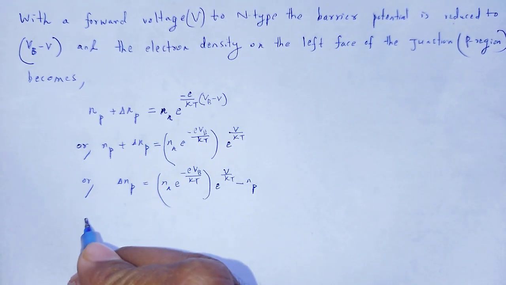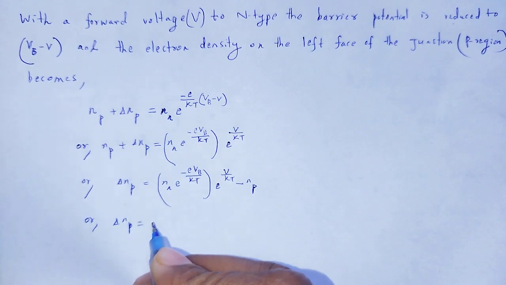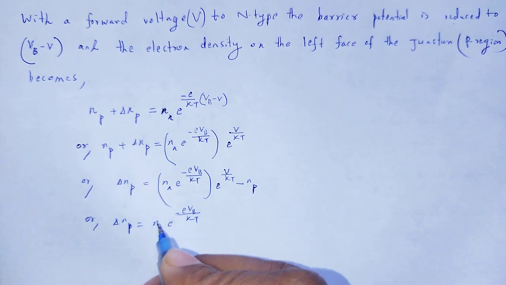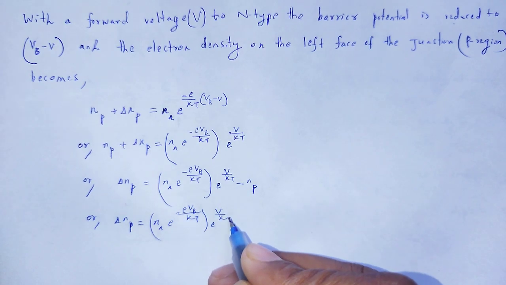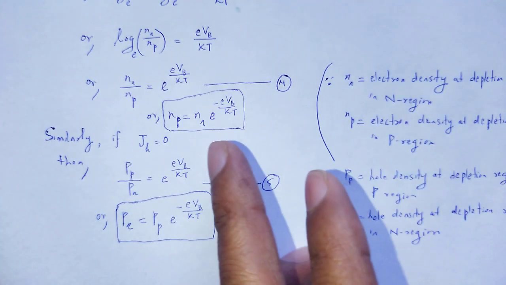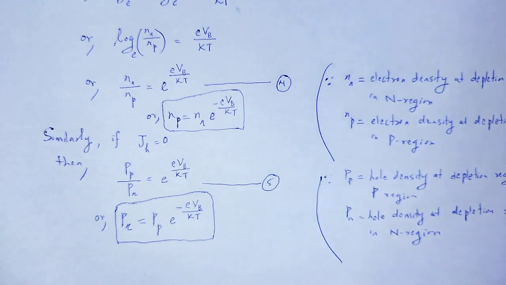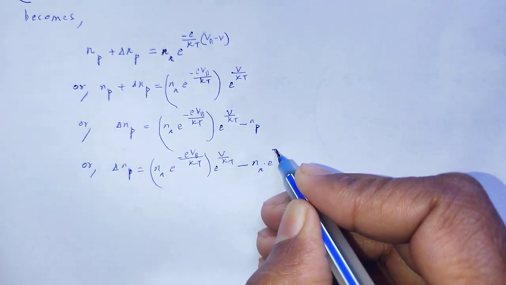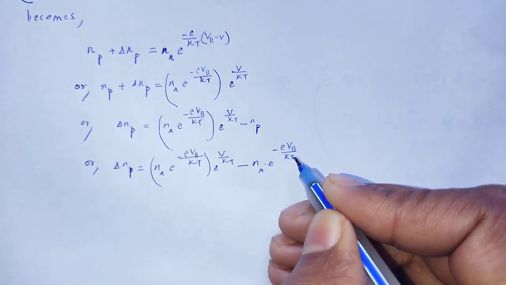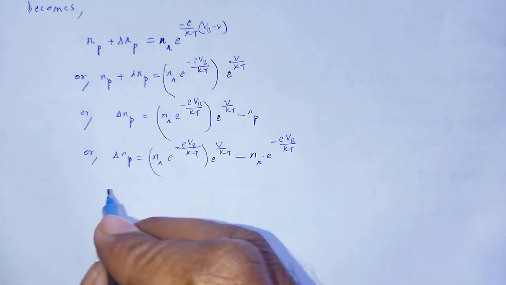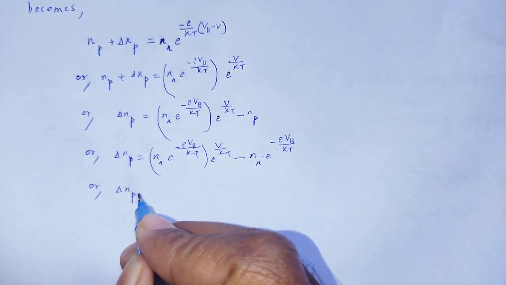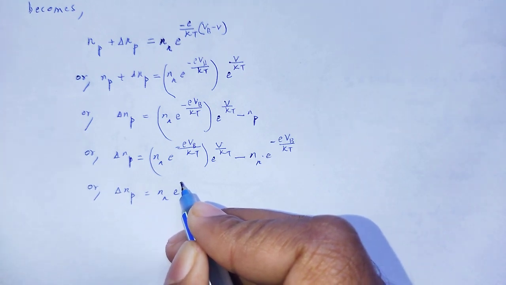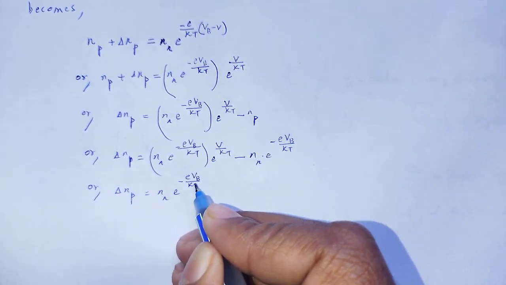Now the value of Np is put here, or delta Np is equal to Nn e to the power minus EVB by Kt into e to the power EV by Kt minus the value of Np, Nn e to the power minus EVB by Kt, or delta Np is equal to Nn e to the power minus EVB by Kt.